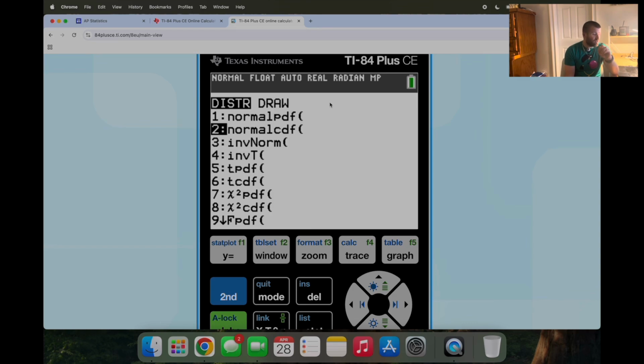So when in doubt with either of these, use the z-score formula to show your work, and then use normal CDF or inverse normal in order to get the solution.